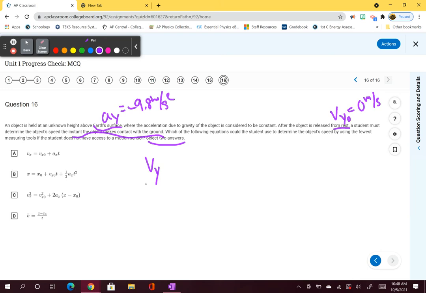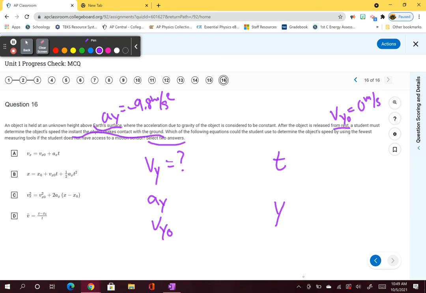So we're looking for final velocity, we have acceleration, and we have initial velocity. So the only thing we really don't have is time or height. So we would have to measure those.